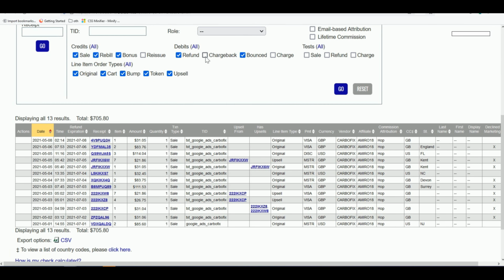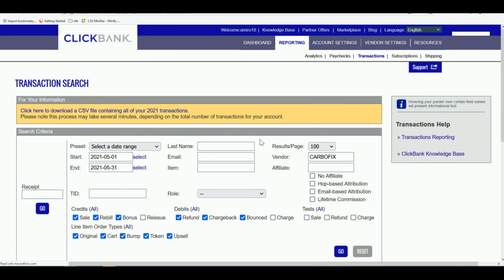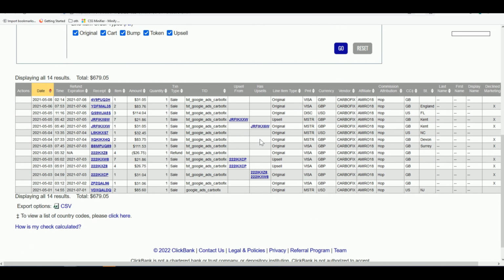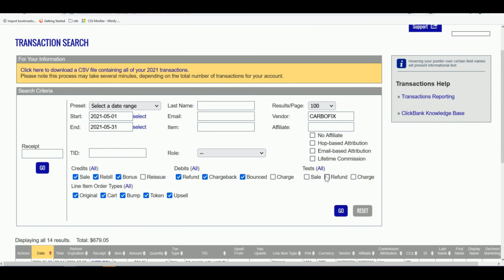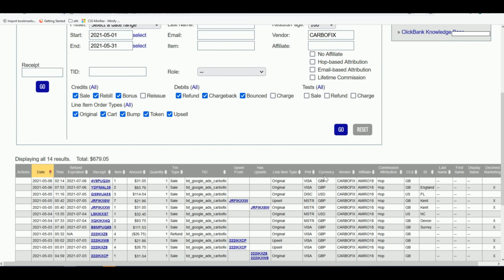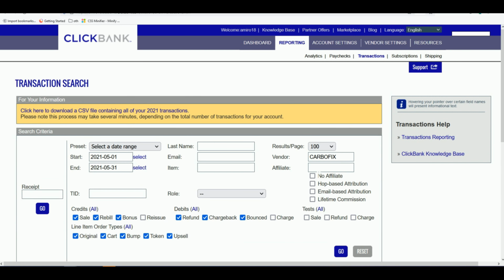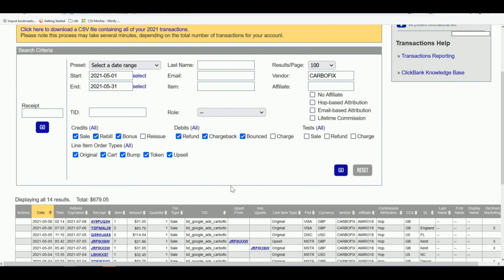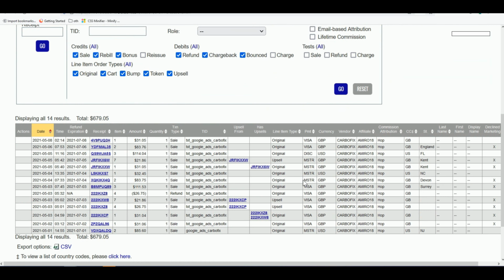There were refunds and chargebacks. Not all the people who bought the CarboFix product liked the product. Some of them refunded. So let's go ahead and take a look at the refunds.